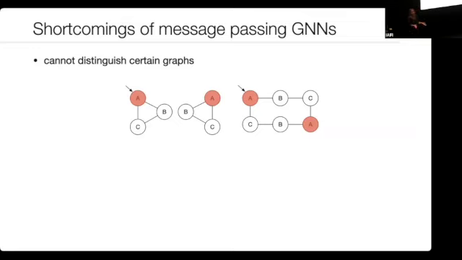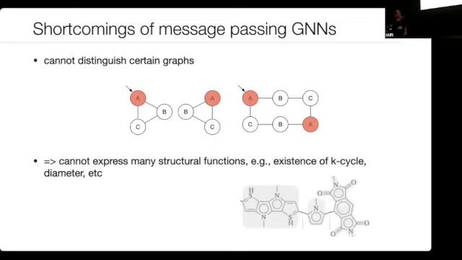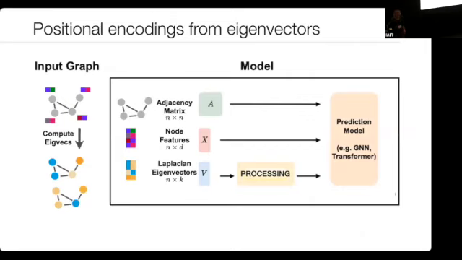That means they cannot do things like recognize whether there is a triangle in the graph. So they are not so good at recognizing structural properties. This is obviously not very good if you think about predicting properties of molecules. It's not good for several other tasks where you rely on these structural properties. So we would like to add some capability for that as well.